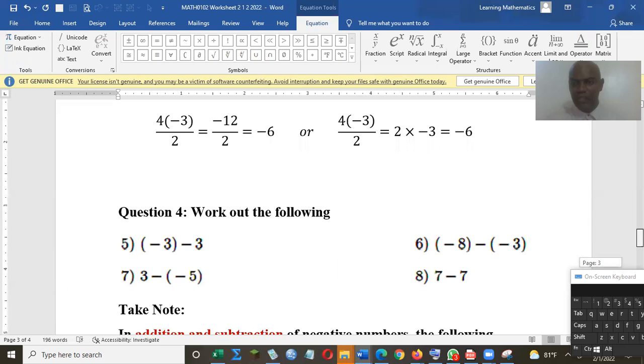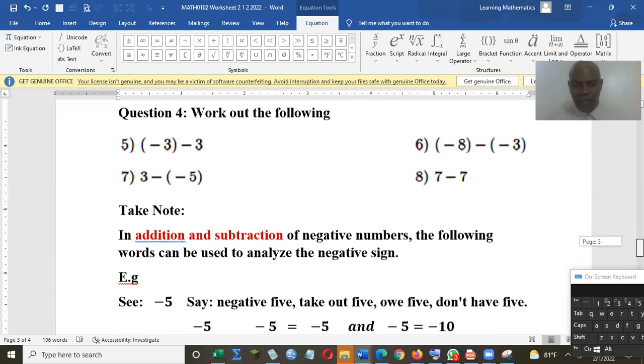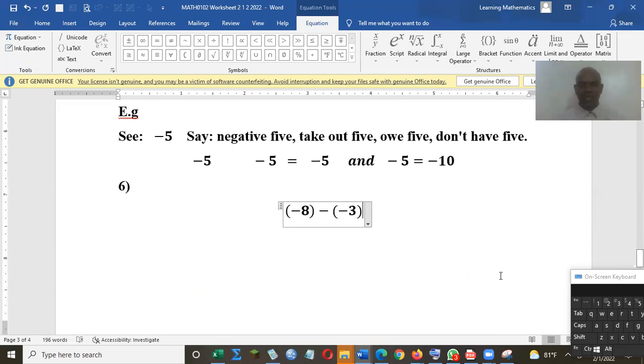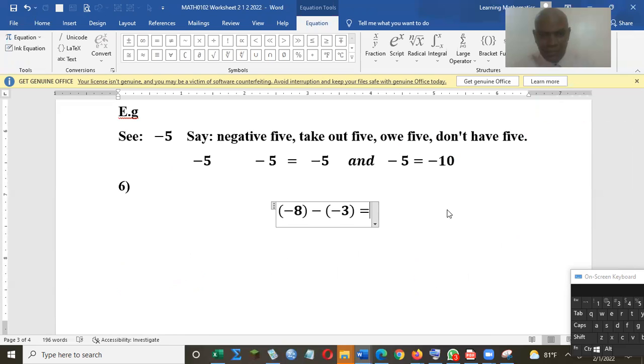-8, -3. So you know what actually is happening there. This is a -1 times -8. Please bear that in mind. That's -1 times -8.